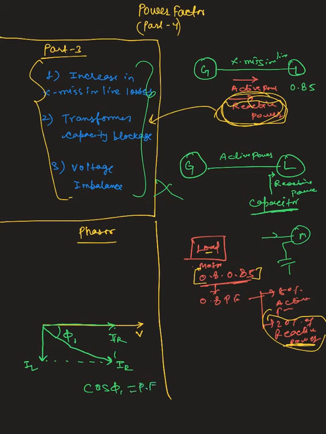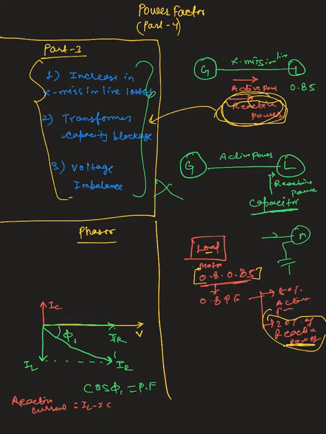Alright, now what is happening? I am adding a capacitor. So the capacitor will draw some leading current, IC. So the actual reactive current will be IL minus IC.